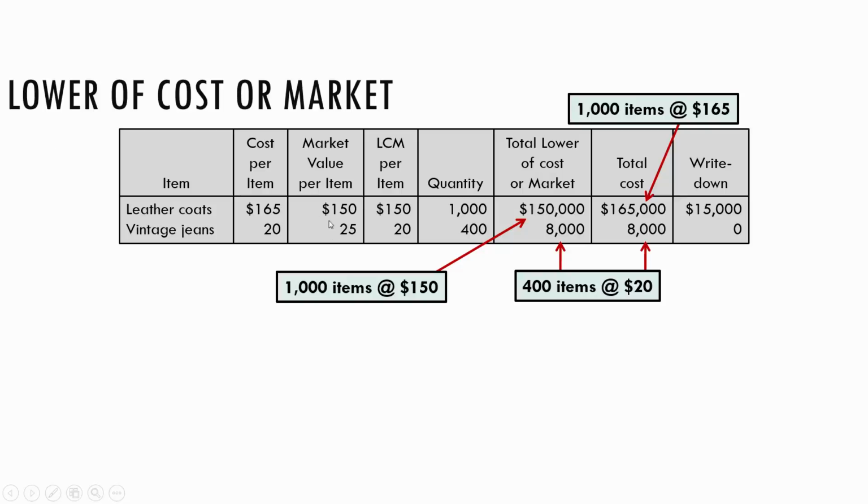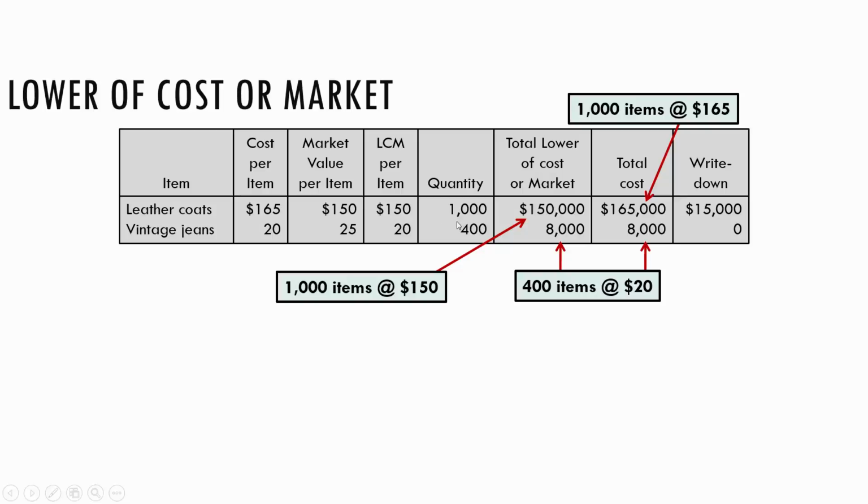If today we went out and bought those leather coats, we would pay $150 for them. Since it's now $150, and it was $165, we can't continue to show it in our inventory at $165. We have to show it in our inventory at $150. This is the lower of cost or market rule.